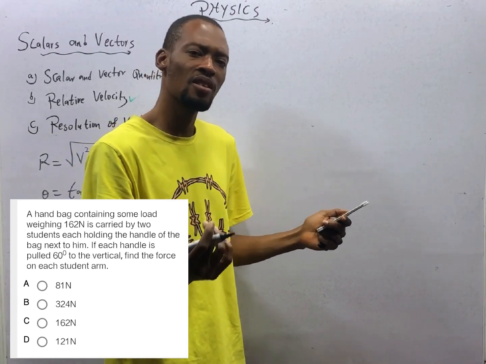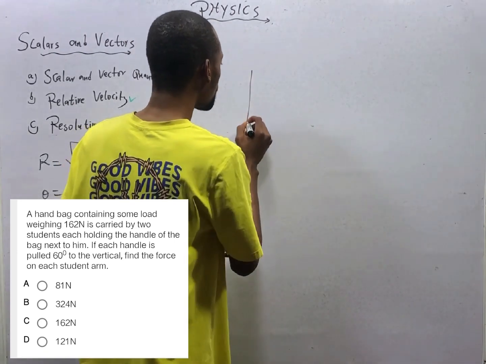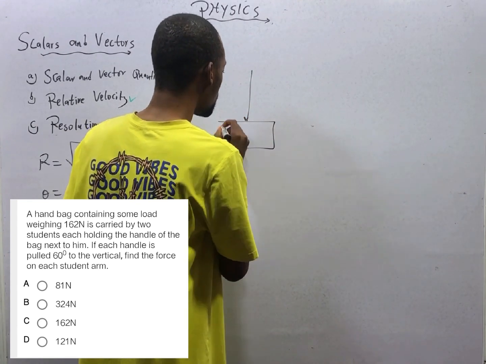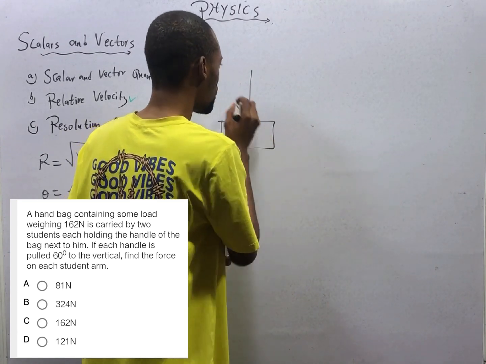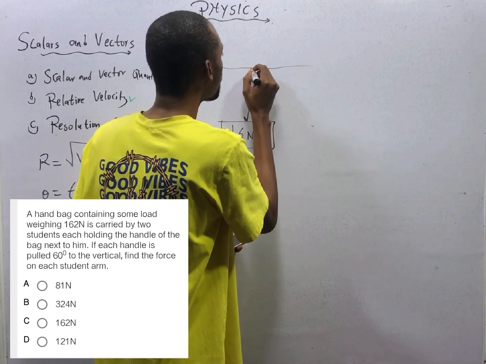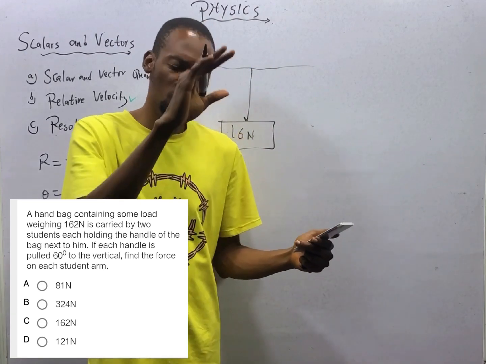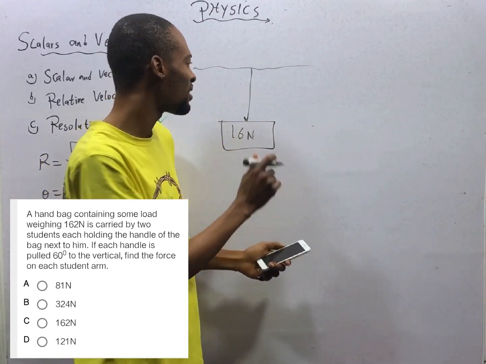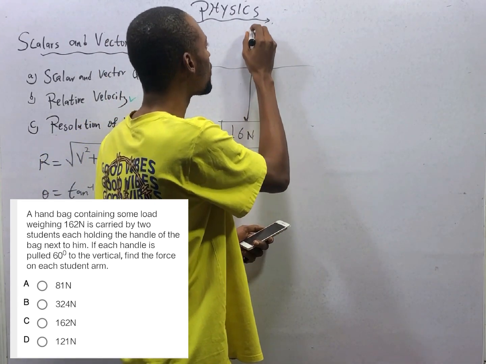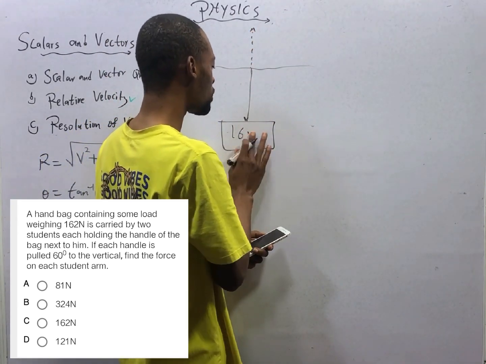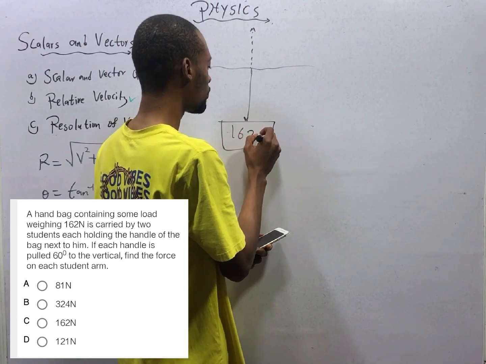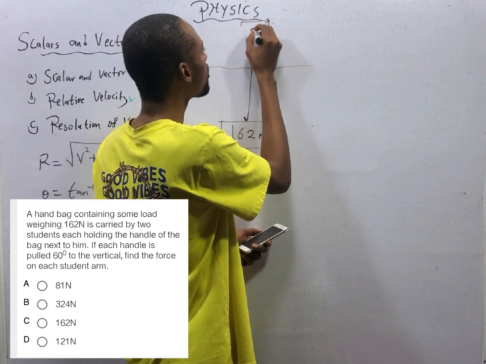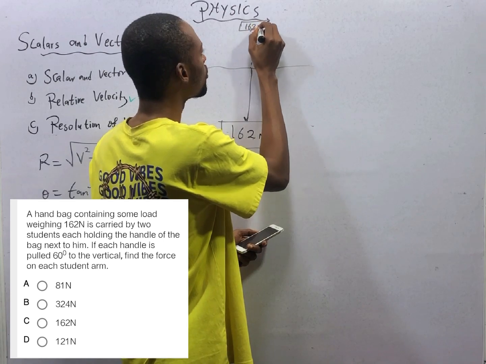In physics, weight always acts downward. So long as the object is not falling, something is holding it, which means there is a normal reaction upward, equal to the weight but opposite. So there is a force going up, that is 162 Newton.